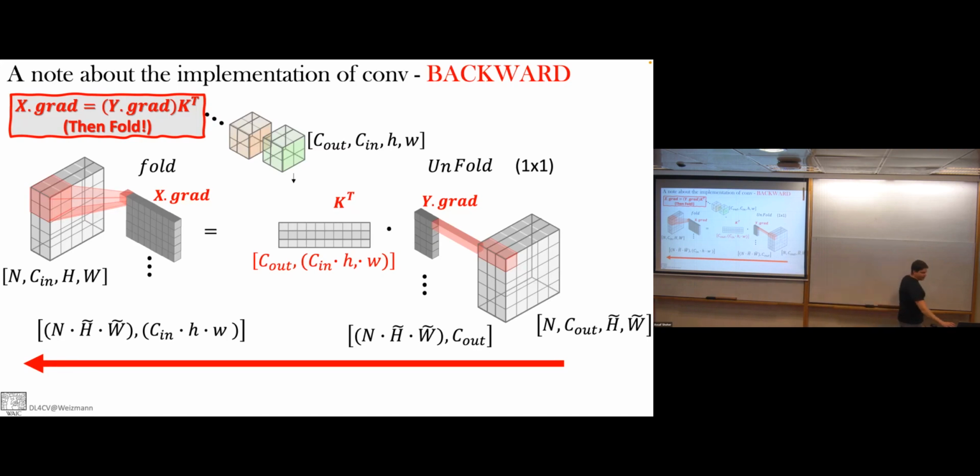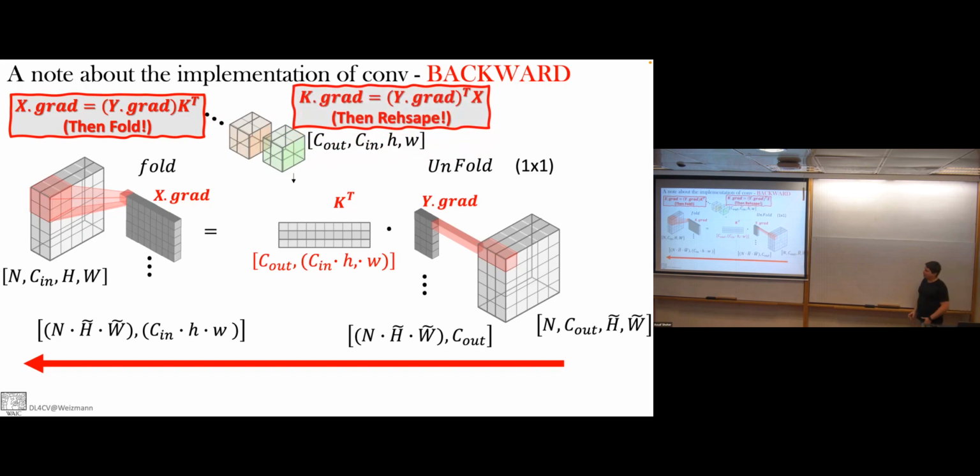Okay? But there is one more thing that we need, which is the gradient with respect to the kernel. So this is also very similar to what we had in vanilla neural networks. So think about it.